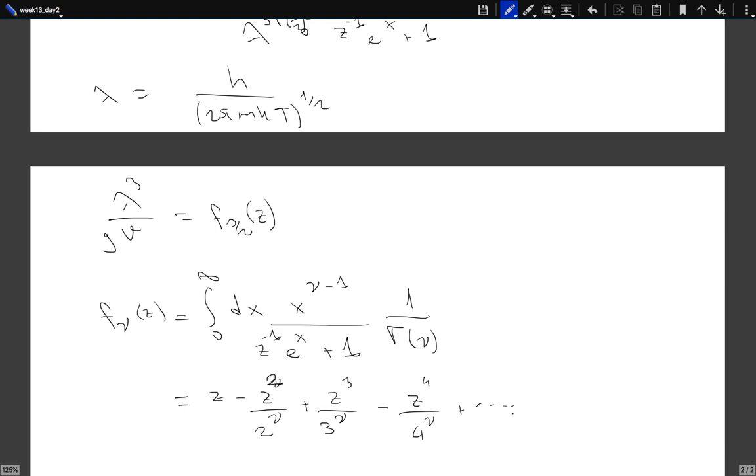Do you remember how we obtained this expansion? Yes, we just expanded around z equal to 0. So we had a sum, and each one of those sums was proportional to gamma nu, so it canceled the gamma nu's, and we are only left with 2 to the power nu, 3 to the power nu, etc.